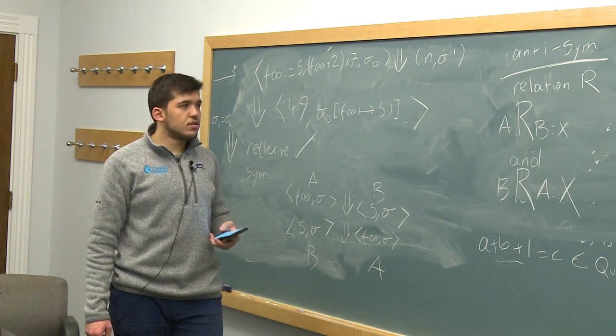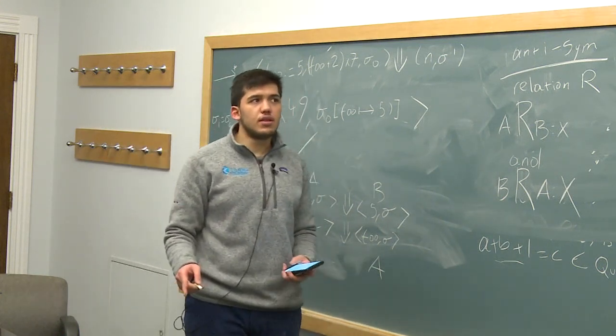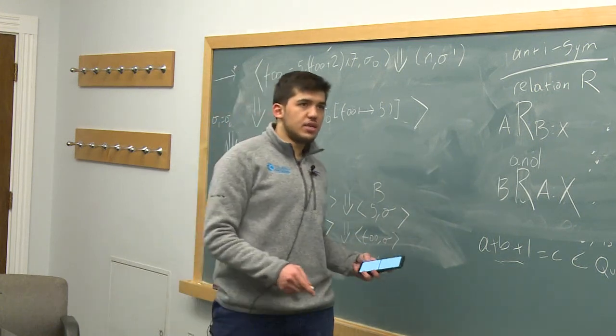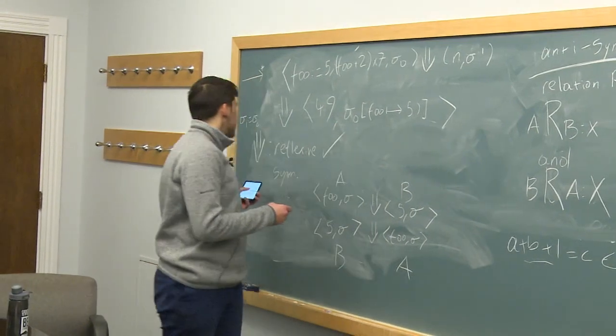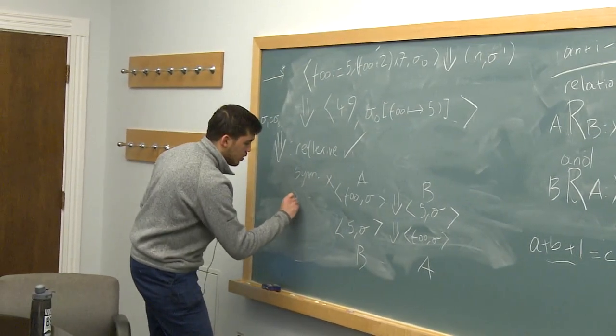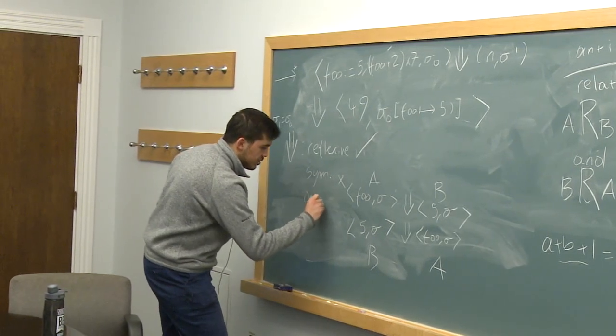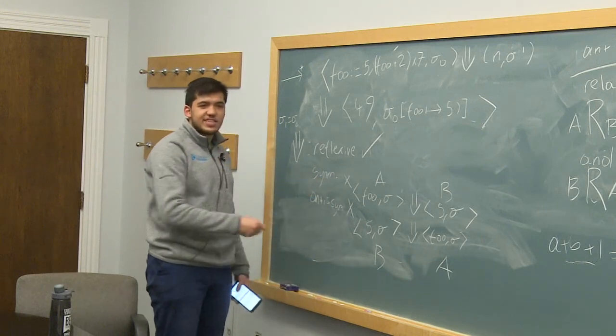So the small step relation is not symmetric, but it is antisymmetric. And the large step relation is neither symmetric nor antisymmetric. So here we can conclude that just because a relation is not symmetric doesn't mean it's antisymmetric.